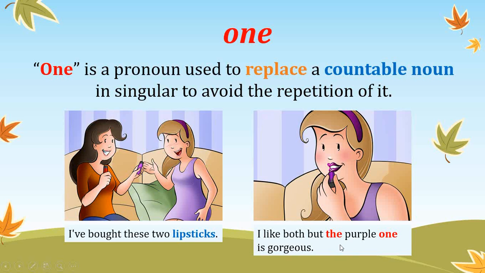Look at this. She says, the purple one is gorgeous. She says the purple one to avoid saying the purple lipstick again, because they know that they are talking about lipsticks. So, the countable noun that we are replacing with the word one is lipstick.